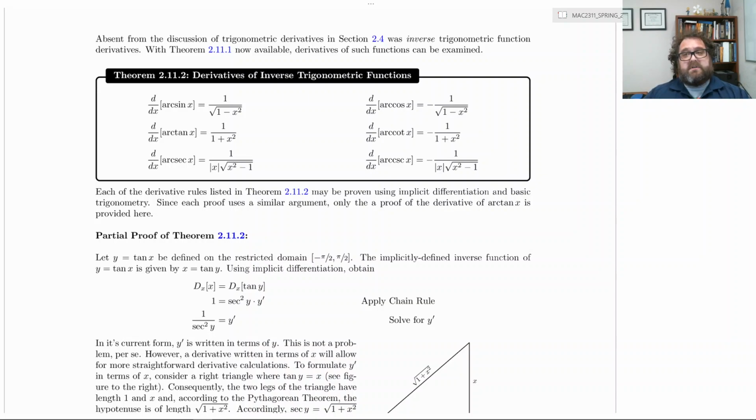Now, some books will refer to arc sine, say, as sine inverse of x, like so. I don't prefer that notation personally, and I specifically use arc sine here and the arc notation because the -1 exponent to represent inverses can be confusing in some contexts, so I like to use the arc notation. But these are inverse functions.